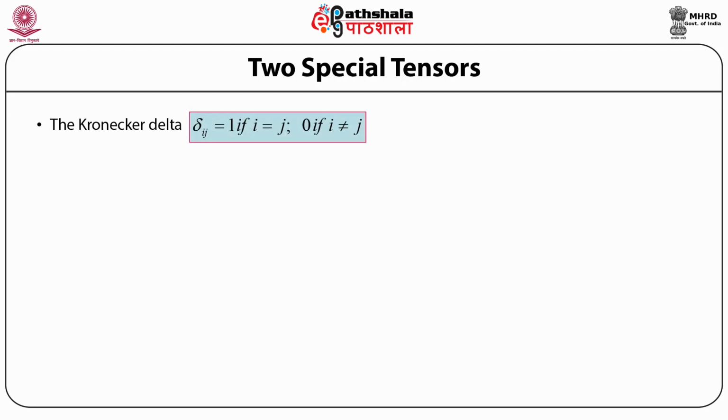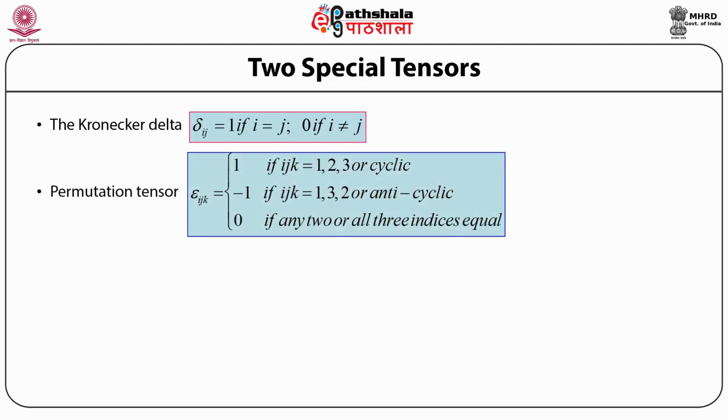The Kronecker delta is defined as delta_ij, and this is equal to 1 if i is equal to j, and equal to 0 if i is not equal to j. Another important tensor that we need to define over here is the permutation tensor, which is denoted by epsilon_ijk.